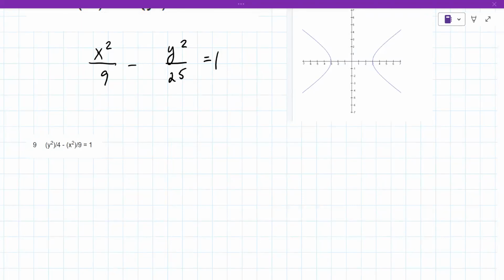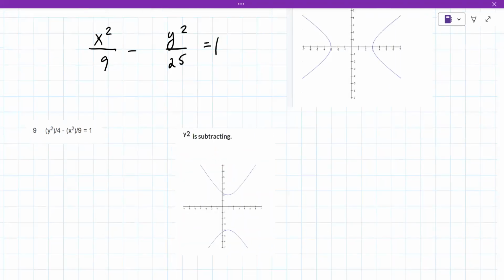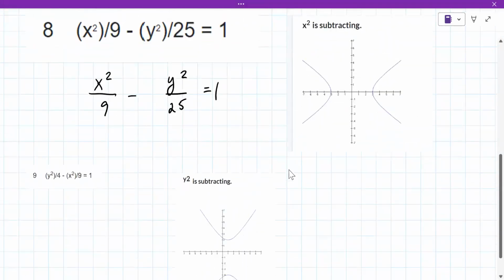I'll snip that in as well. So when the y squared is subtracting, it opens up and down. So I guess you want to make sure you make a note that says side to side. And this one is up and down.